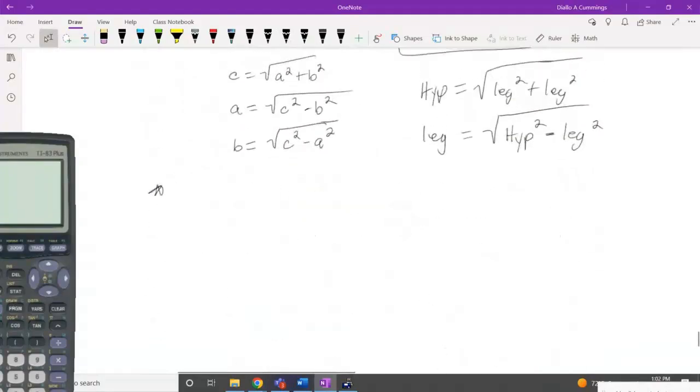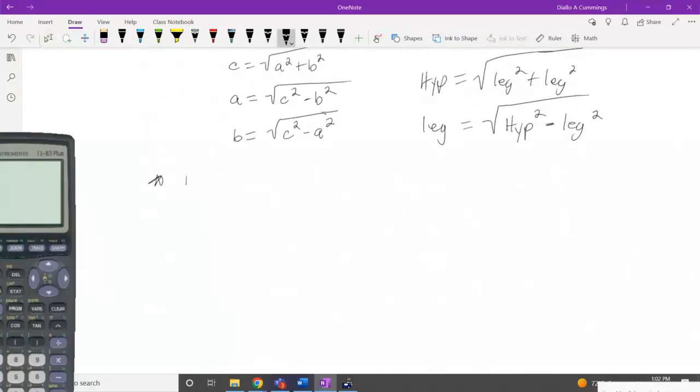The sum of the interior angles of any triangle, not just a right triangle, but any triangle, and this includes a right triangle, is 180 degrees. So here is what that means.